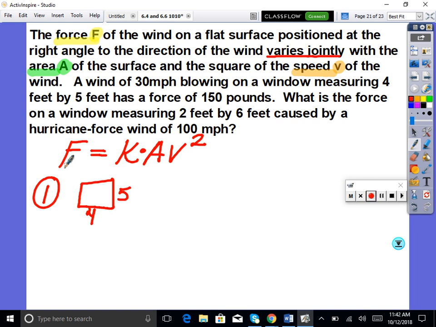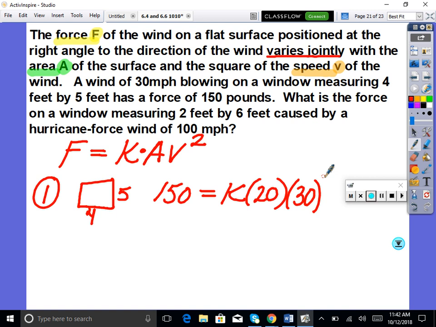Our force is 150, equal to, we don't know k. Our area of this window is 20. Good. And our v, which usually stands for velocity or speed, is 30 squared. So everyone, take your calculator and multiply whatever that is.